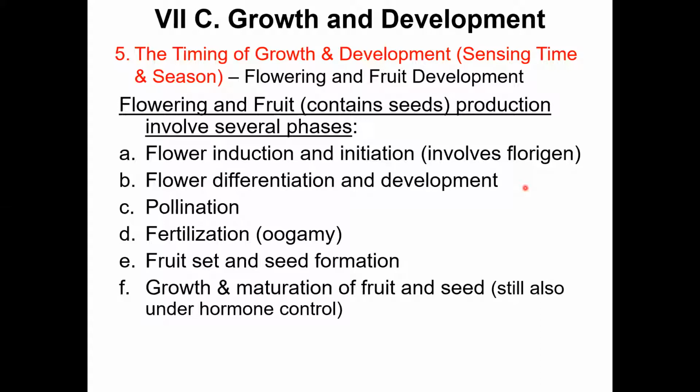And though it doesn't flower, ginkgo is a conifer or related to conifers. It doesn't have a well-defined cone for the female. The male is kind of in a cone-like arrangement, but it doesn't produce flowers. It does produce reproductive structures.